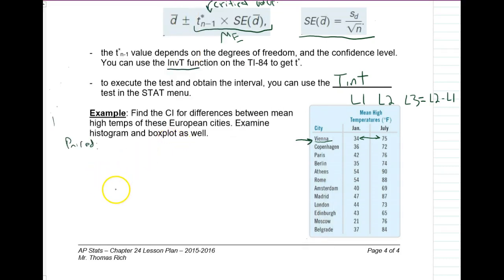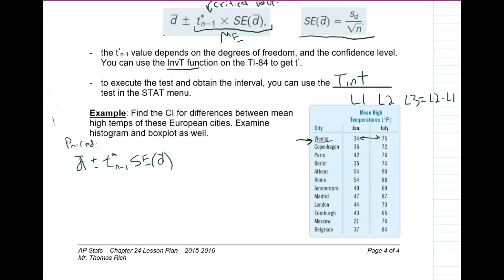So we've done our assumptions and conditions. Our confidence interval is going to be the average of the differences in the pairs, plus or minus t star with n minus 1 degrees of freedom, multiplied by the standard error of our differences.